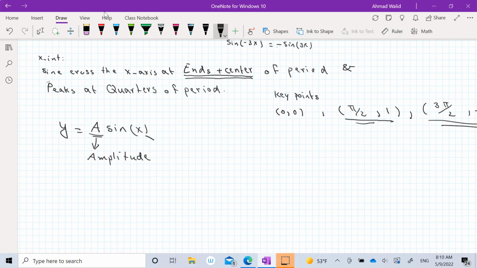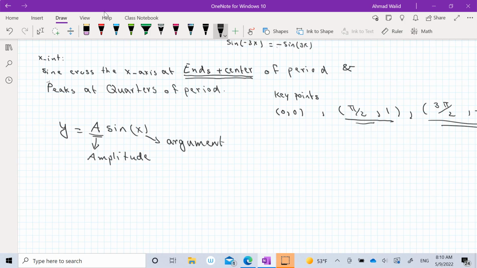But that's always your amplitude, correct? Since we start trigonometry, x is our angle, which we also call the argument, correct? This x can change. This is your argument. But A is always your amplitude. And remember, amplitude is actually your vertical stretch or compress.